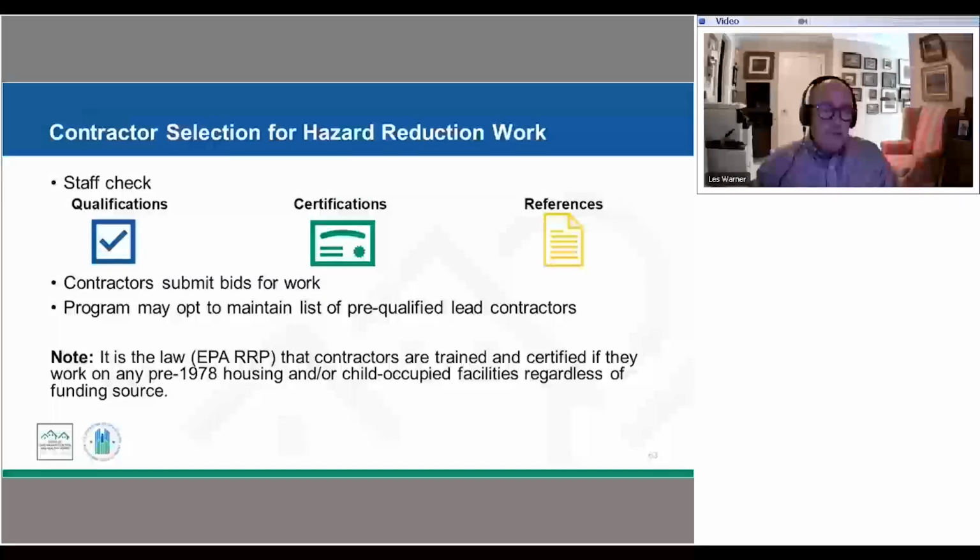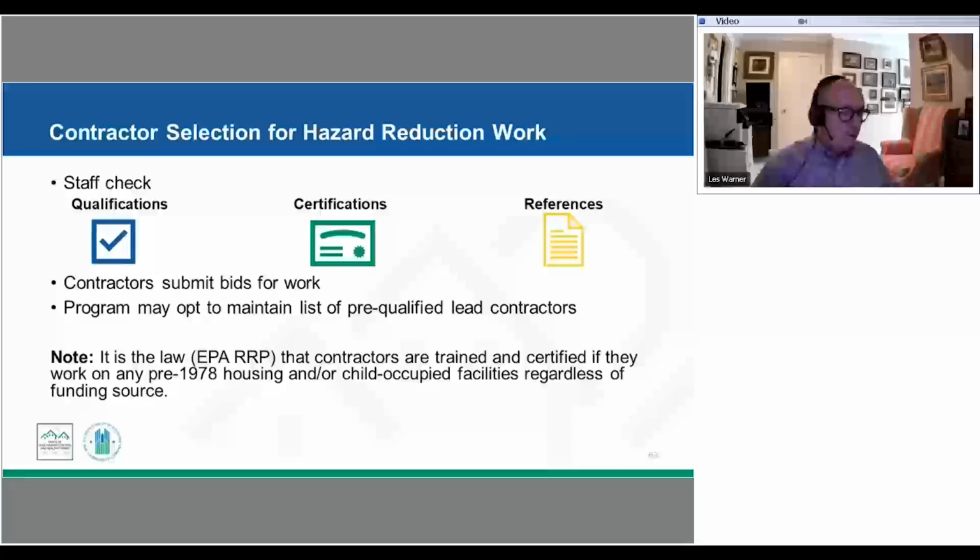As part of this, you're going to have a process in place to make sure that you can document that the contractor that's been selected has appropriate qualifications and certifications in place.